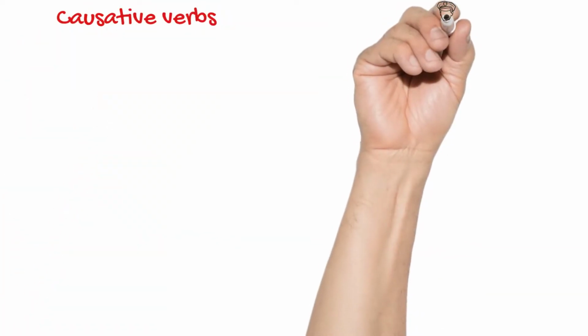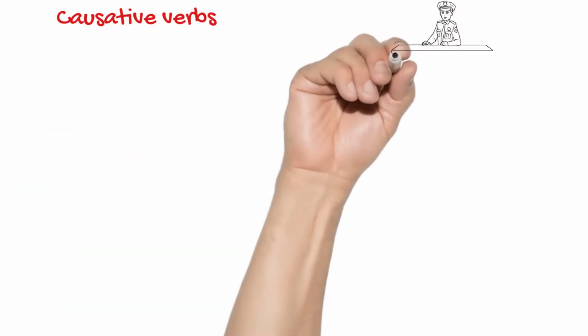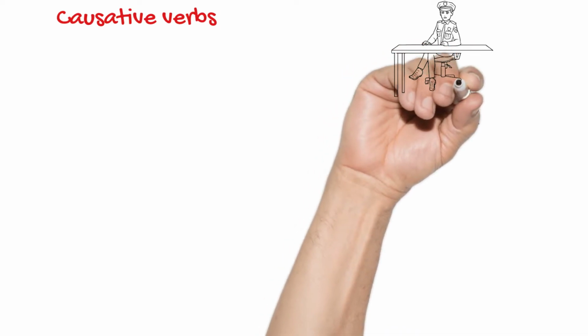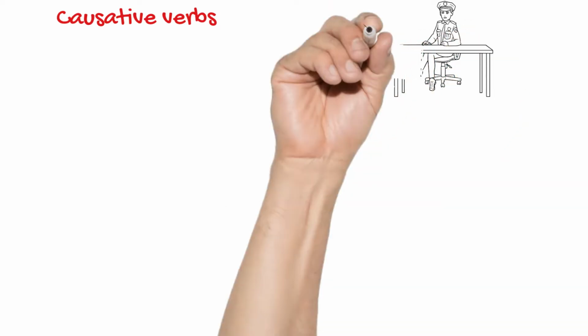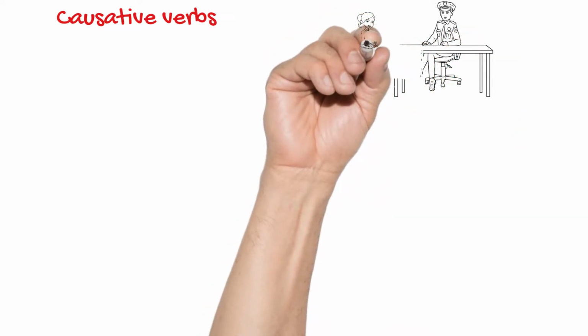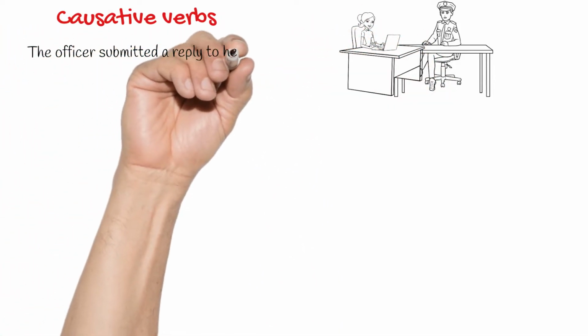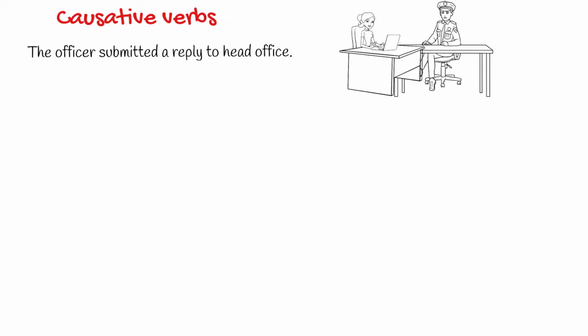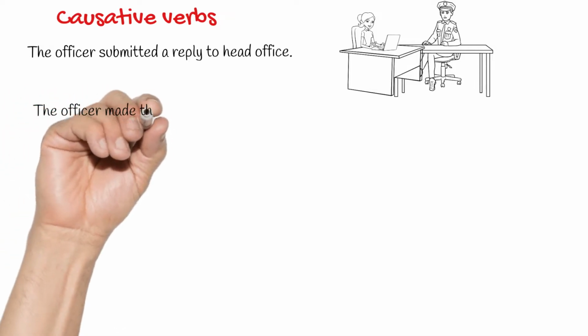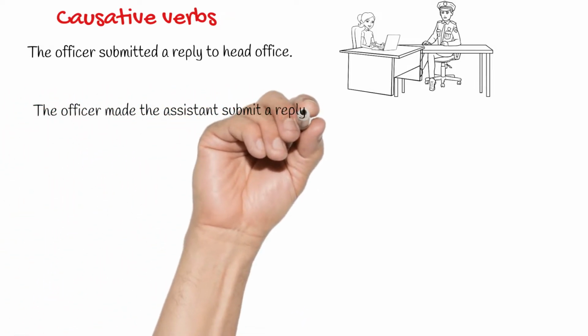Causative verbs. Causative verbs are such verbs in whose case the doer is not doing any action but he is making someone do the same. For example, the officer submitted a reply to the head office. The officer made the assistant submit a reply to the head office.